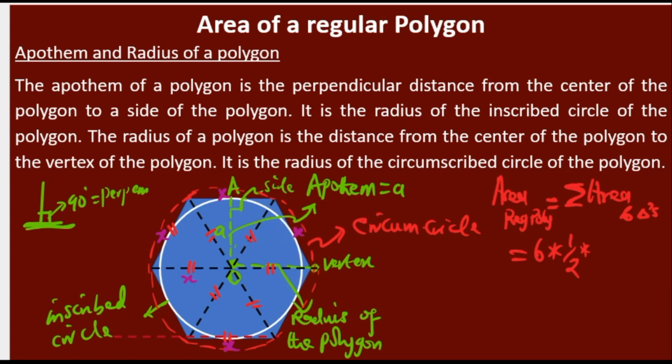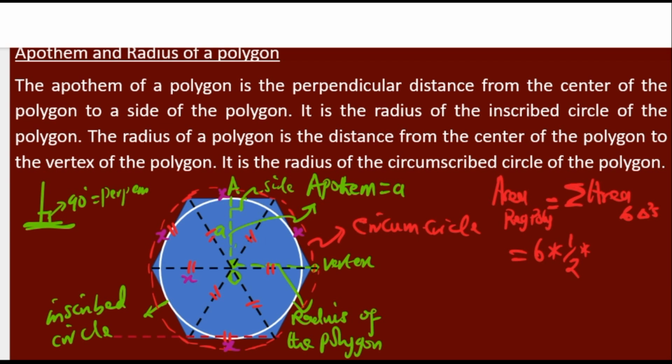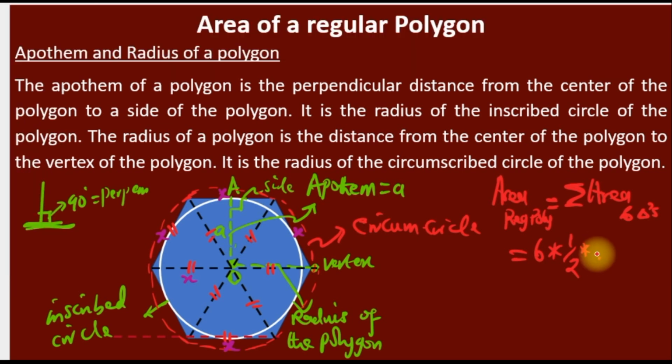So our area will now be half times the base x times the height a. And you know multiplication is commutative, so I can arrange this as half times 6x times a.